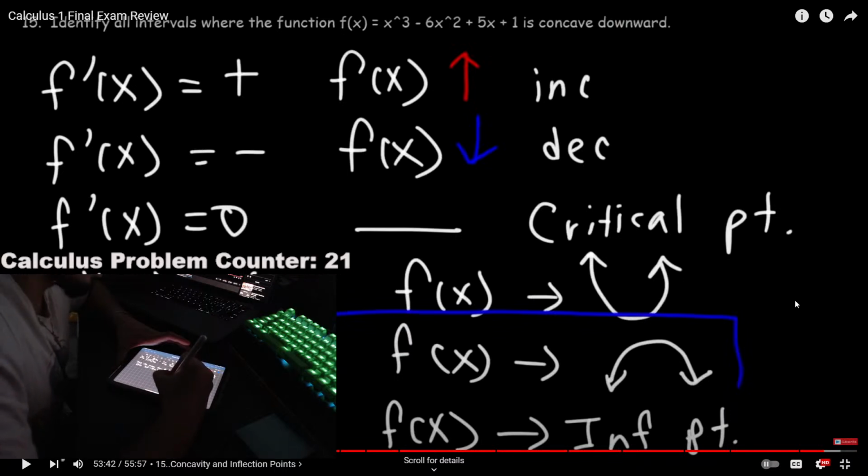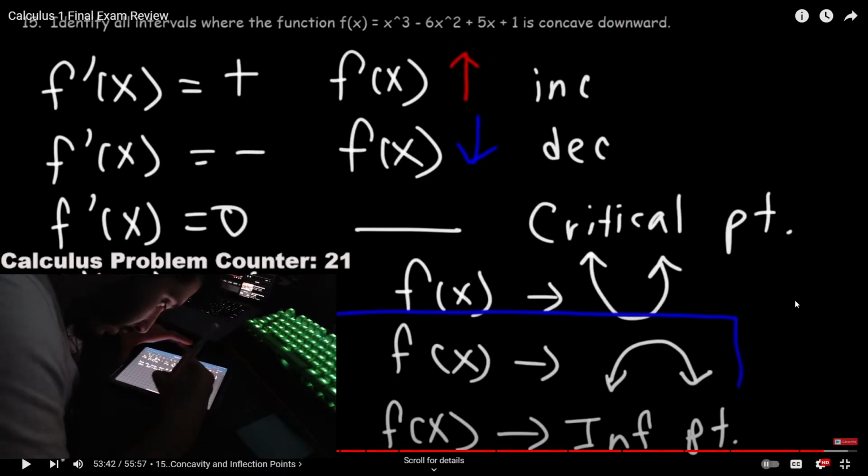If f double prime of x is positive, f of x is concave up. If f double prime of x is negative, f of x is concave down.